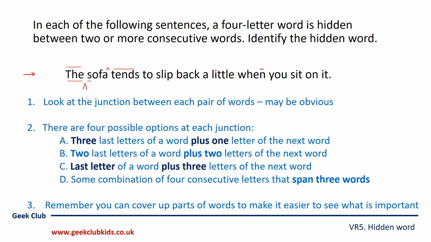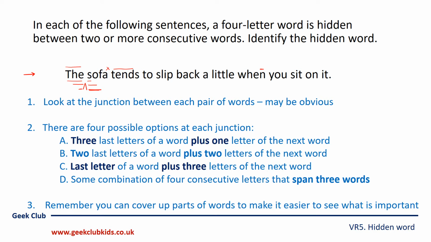The next option is to take the last two letters of the word before the junction, and then the two letters immediately after the junction. Here we'd have HESO. That's not a word either. The third option is to take the last letter of the word before the junction and then the three letters afterwards, ESOF. That's not a word either.